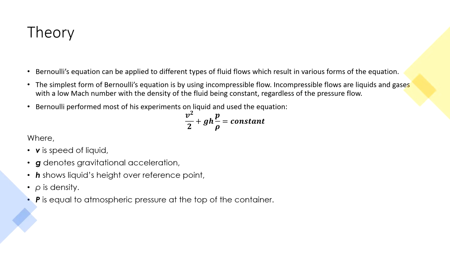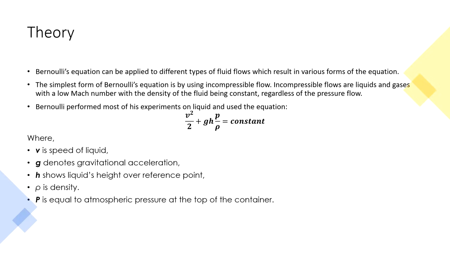Theory. Bernoulli's equation can be applied to different types of fluid flows, which result in various forms of the equation. The simplest form of Bernoulli's equation is by using incompressible flow. Incompressible flows are liquids and gases with a low Mach number, with the density of the fluid being constant regardless of the pressure flow.